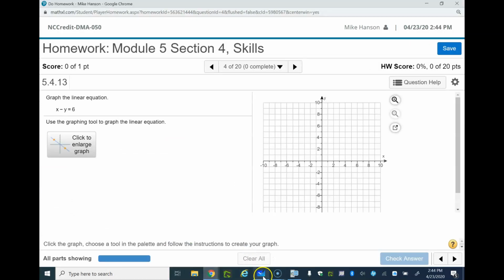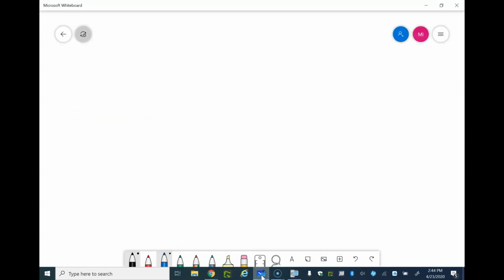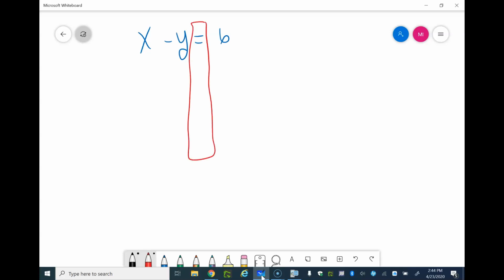So we have x minus y is equal to 6. So again, we get y by itself. I'm going to minus x: negative y is equal to 6 minus x. This time I'm going to leave it in the back just so I can show you that it doesn't matter if you put it in the front or back.